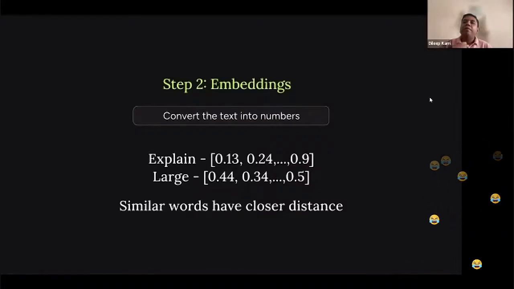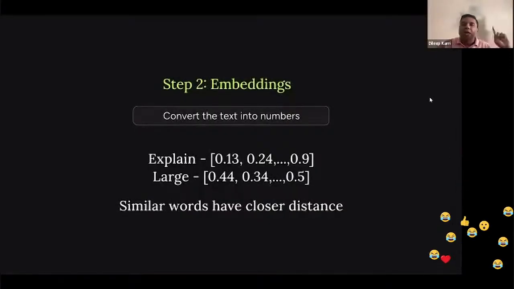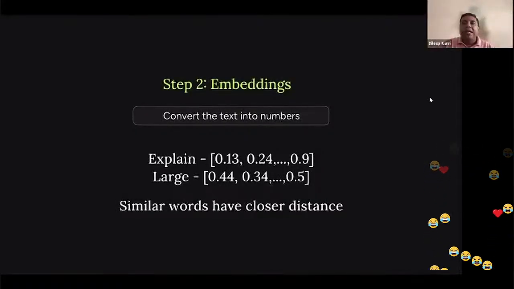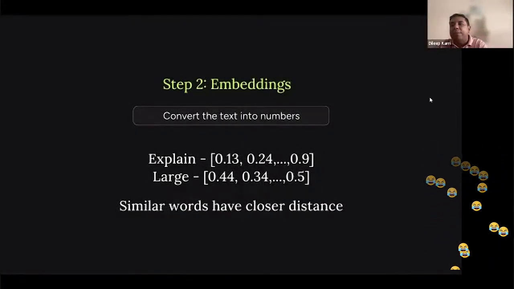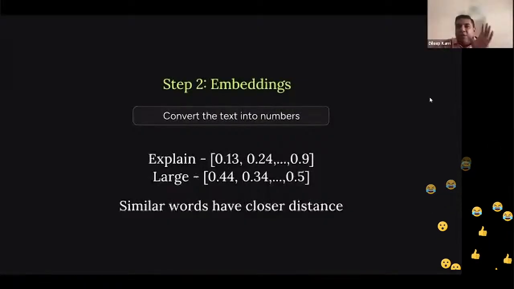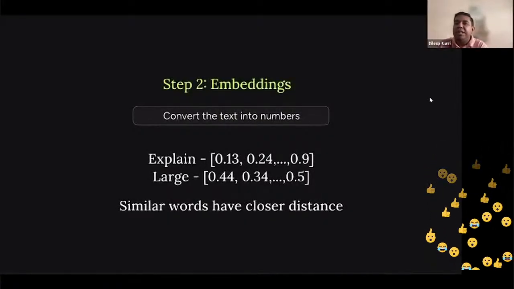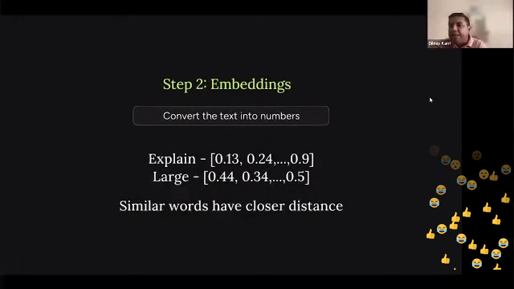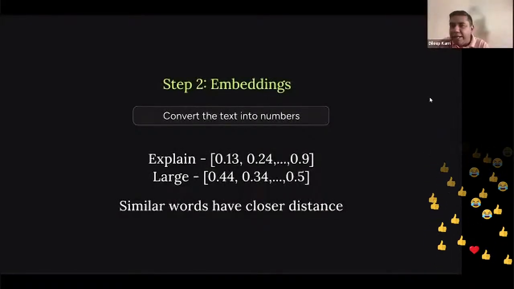Whatever words you say, you have to translate into French for them to understand. Similarly, whatever English you have given has to be translated into mathematics for the computer to understand. Translating your words into a language the computer can understand is the process of embeddings.